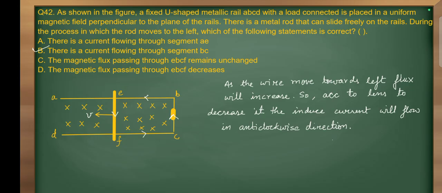The flux passing through EBCF remains unchanged? No, the flux will increase as we move the rod towards the left, and the magnetic flux passing through EBCF decreases? No, since the area is increasing, the magnetic flux will also increase. So according to this, option B is correct.